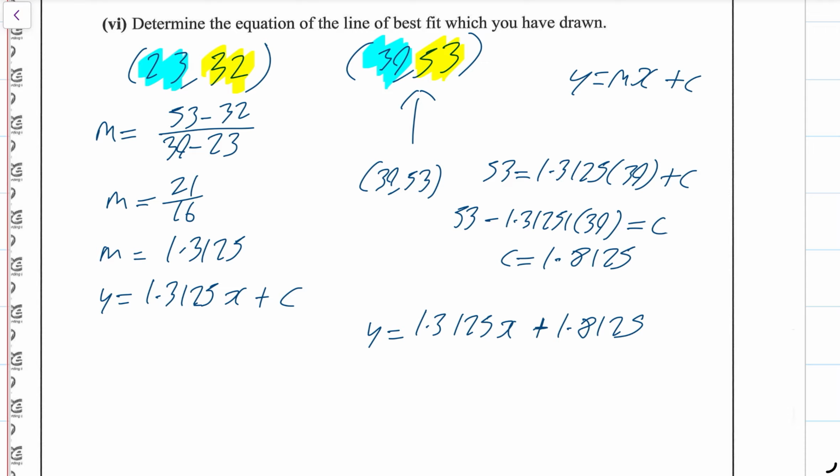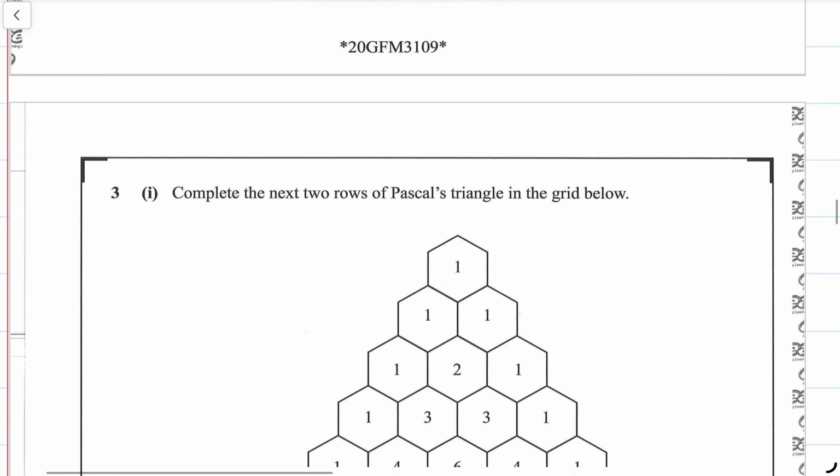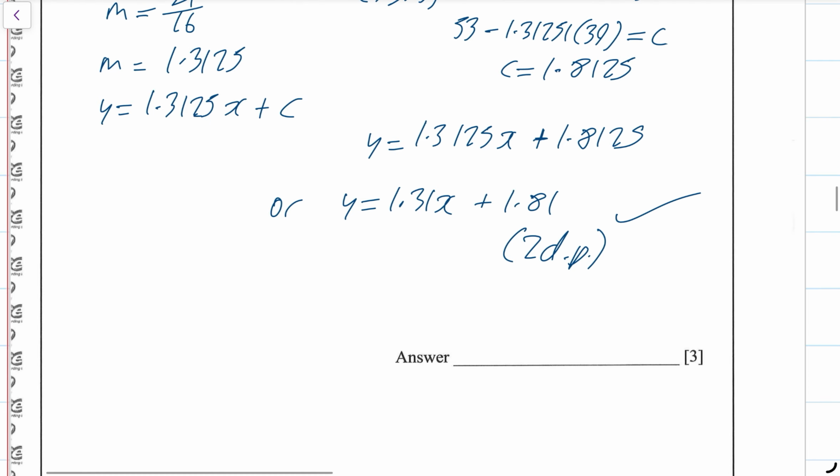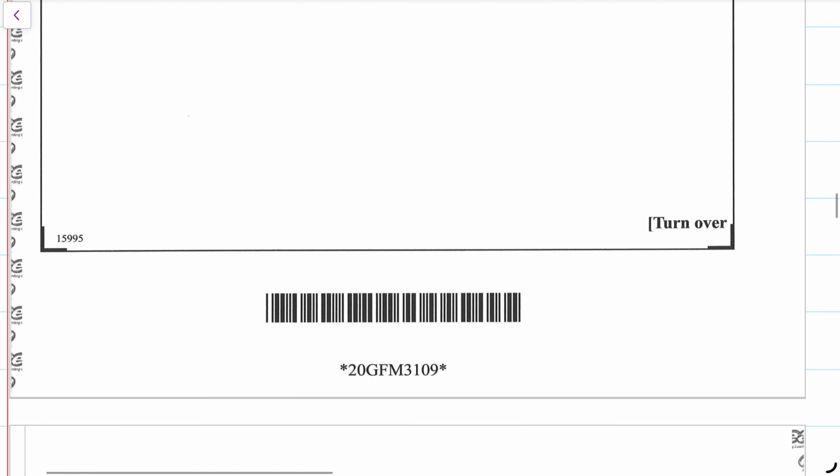Or to 2 decimal places, y equals 1.31x plus 1.81. And that's it, to 2 dp. We don't have to do anything with it. Sometimes they'll say estimate the number of hazards whenever you've got a multiple choice score of 50, and then you would put that into the equation.